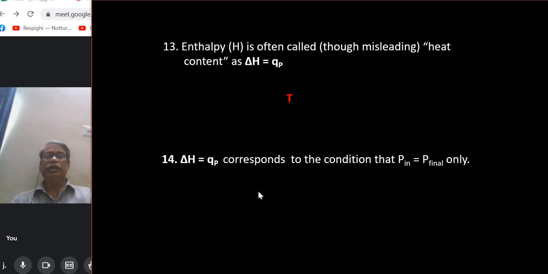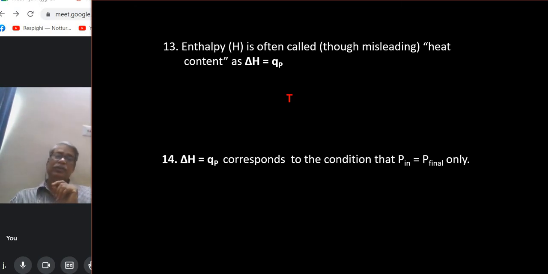The next question: delta H is QP, at constant pressure. Constant pressure may immediately seem to imply that the initial and final pressures are the same. So is it only under that condition that delta H is equal to QP? To answer, let us think of a cyclic process. Because it's a cyclic process, the initial and final pressures are the same, since P is a state function, and delta H is 0 because H is again a state function.